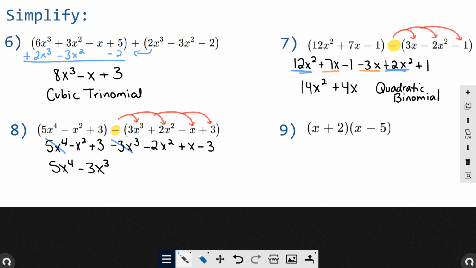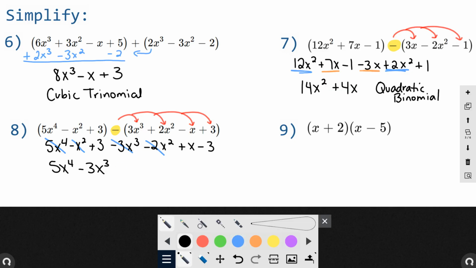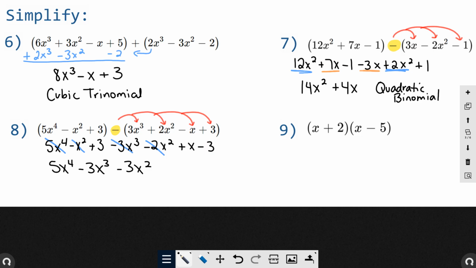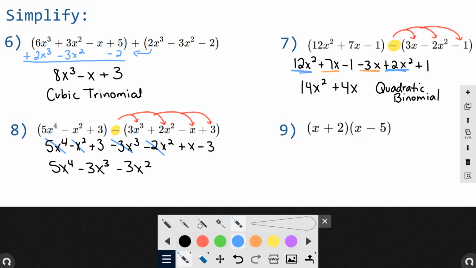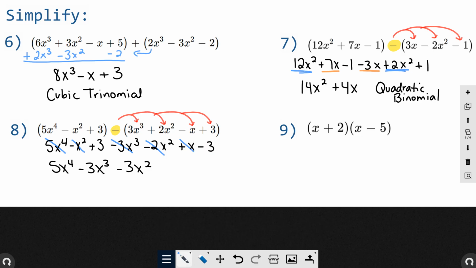So next we would have an x squared and x squared. So I see a minus x squared and a minus 2x squared. That becomes negative 3x squared. And then next would be plus x. There's no other x term there. So plus x.